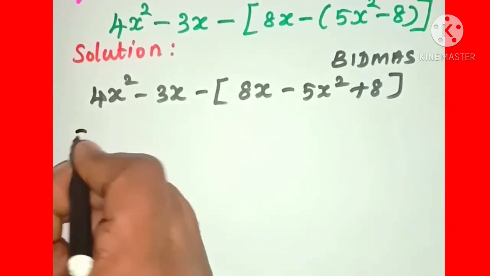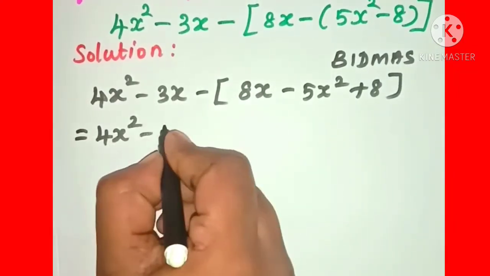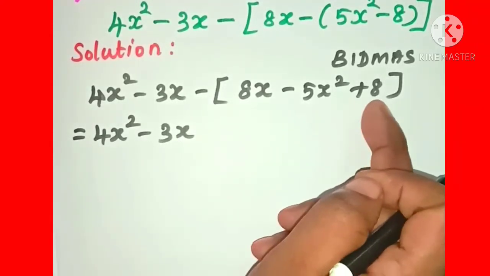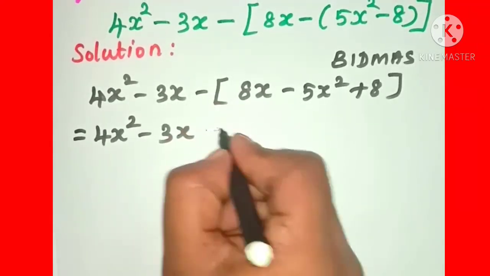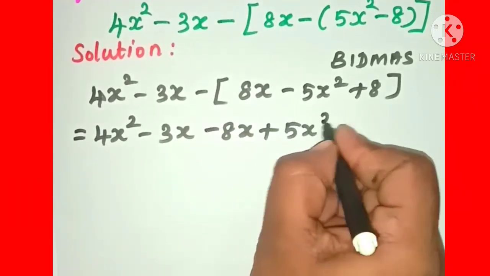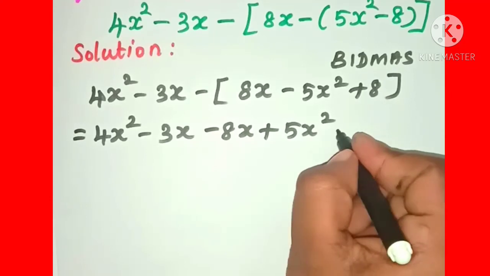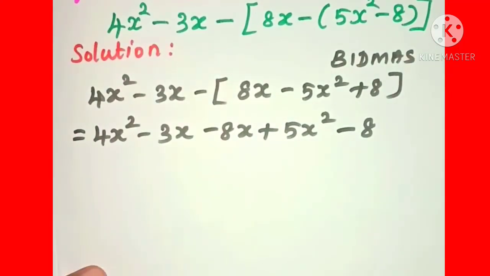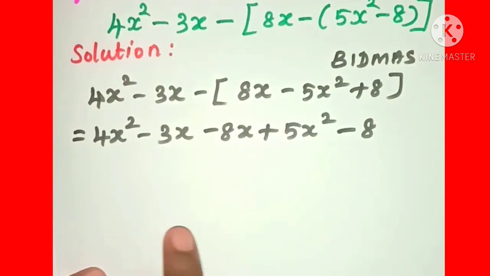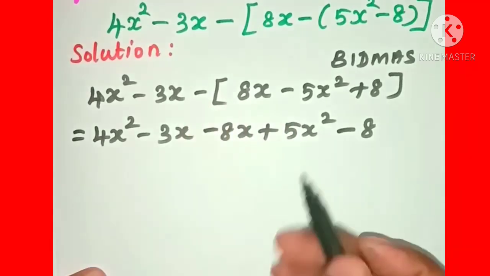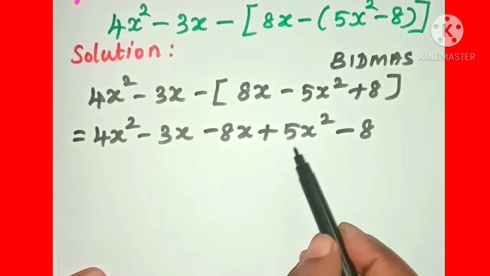And then 4x square minus 3x. So now we'll do the calculation in this bracket. So minus 8x minus into minus plus 5x square minus into plus minus 8. So here we can use the product of integer rules, or else when there is a negative sign before the brackets, it can be removed.